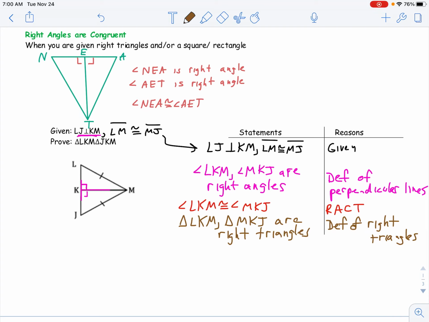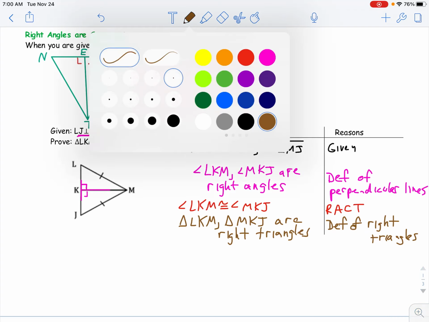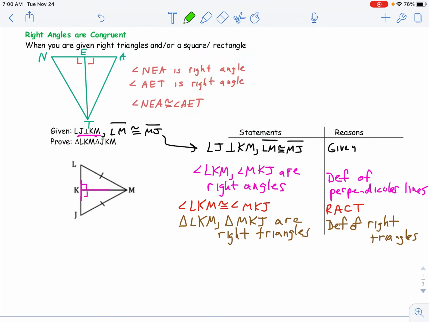All right. So a lot of writing going on. I'll pause there for a little bit as you kind of catch up. A lot of dense things, but nonetheless, we are getting kind of close to being done. Because from here, what I can say is, well, this shared side. Again, we're seeing our good friend, the reflexive property, again.